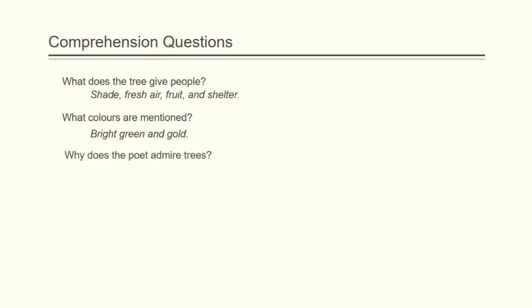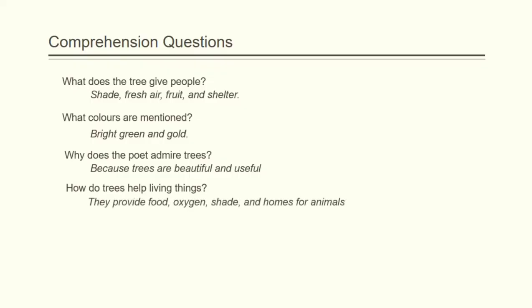Why does the poet admire trees? The poet admires trees because they are beautiful and useful. How do trees help living things? They provide food, oxygen, shade, and homes for animals.